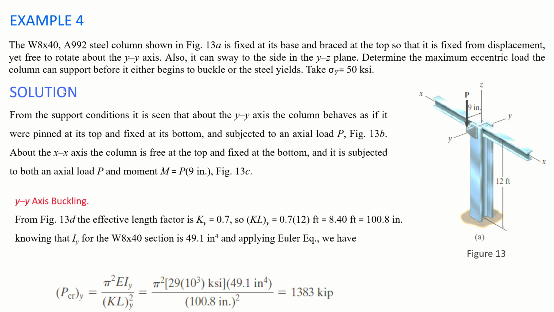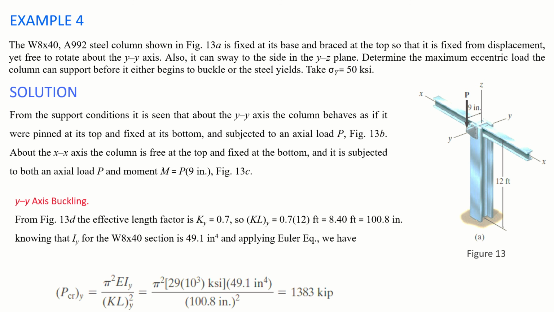The given data is a W8 by 40 A992 steel column shown in figure 13a, fixed at its base. It is fixed at the top so that it is fixed from displacement, yet free to rotate about the y axis. Also, it can sway to the side in the YZ plane.